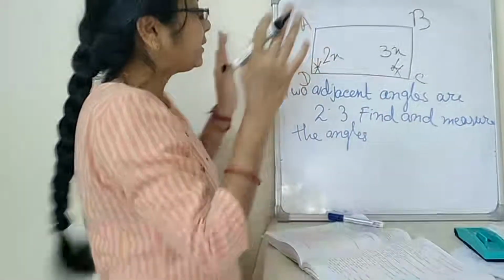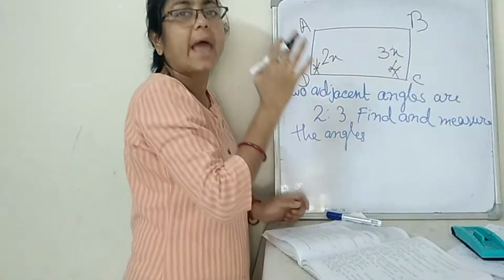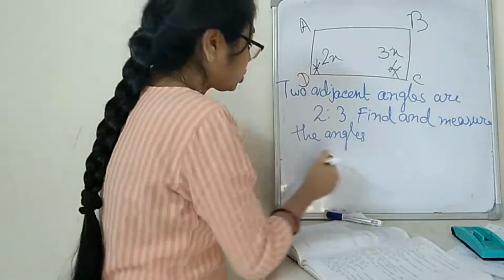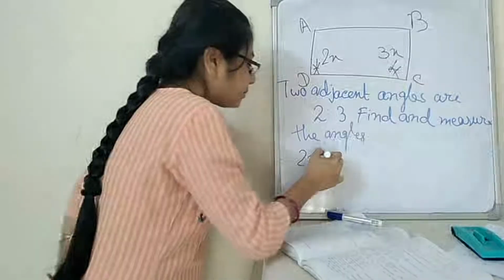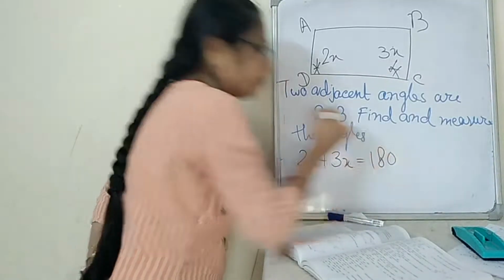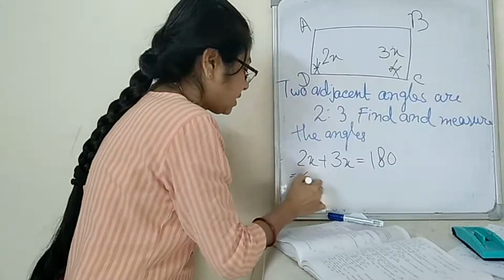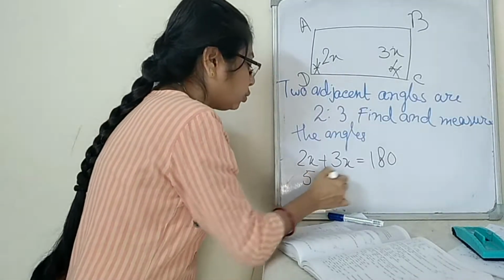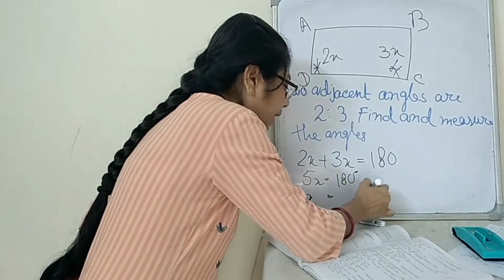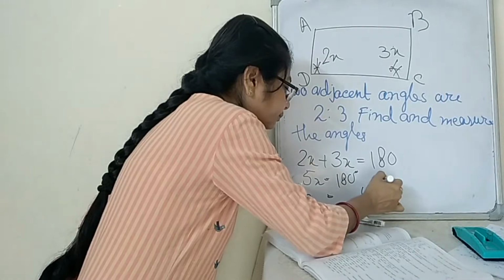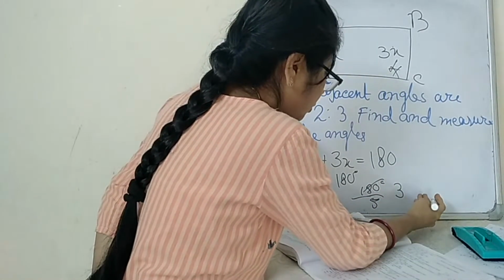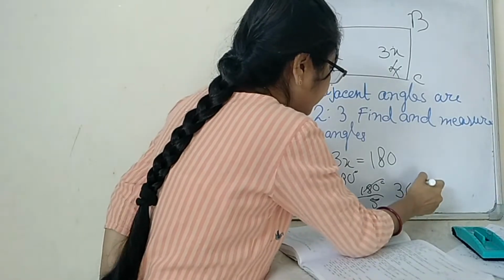Clear? In a parallelogram, the two adjacent angles add up to 180 degrees. So I write 2x plus 3x is equal to 180 degrees. Clear? Means 5x is equal to 180 degrees. x is equal to 180 by 5, which is 36 degrees.